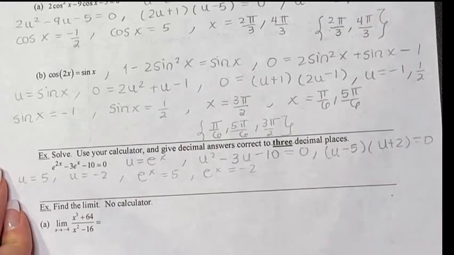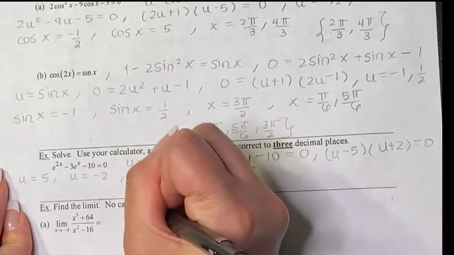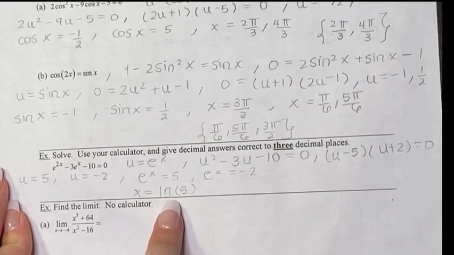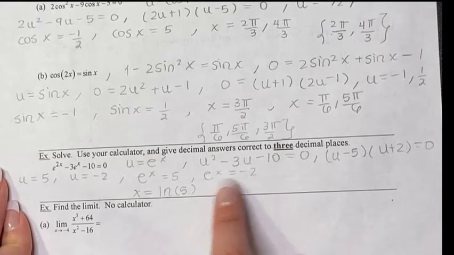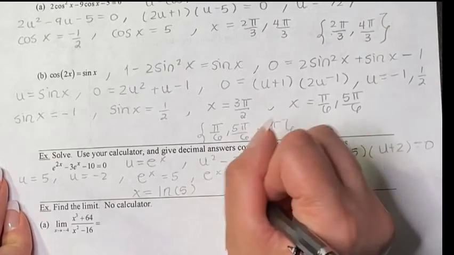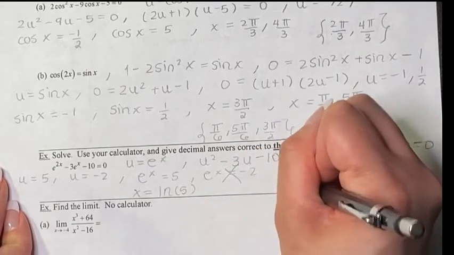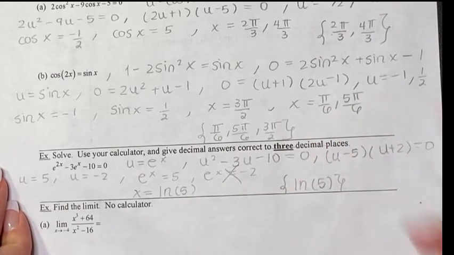The only thing you need to be careful about is this: the first one works beautifully because x is going to be equal to natural log of 5, and that's completely true because that's part of the domain of the logs. But what happens here? Can I put a -2 inside the log? Absolutely not. So this one doesn't give you any real solution. Therefore, your only solution is going to be natural log of 5, and actually I don't need the 3 decimal places because I have the exact value there.